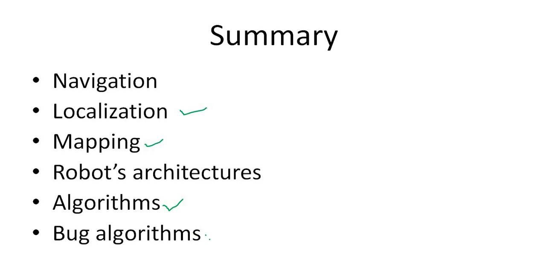And finally, we talked about the bug algorithms, and we have seen 3 different bug algorithms for robot navigation: bug 0, bug 1, bug 2. We also saw some advantages and disadvantages of these kinds of algorithms.